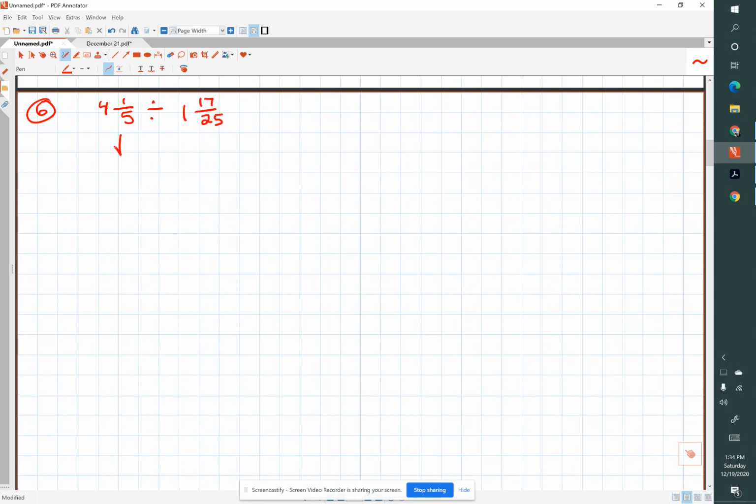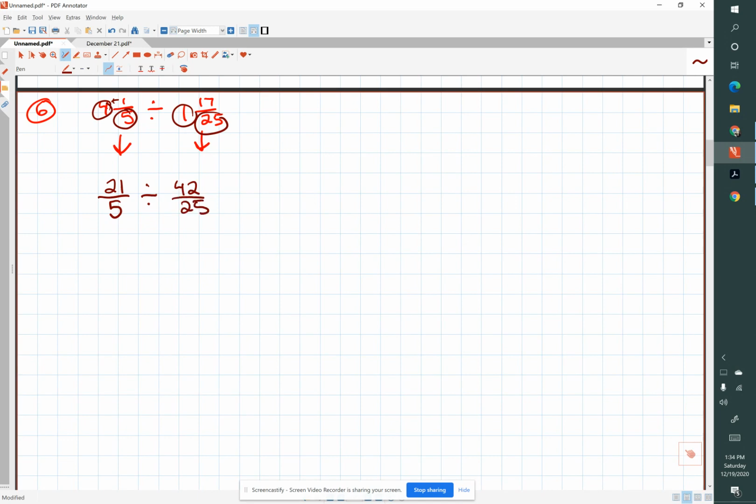So we're going to need to make these into improper fractions. So 5 times 4 is 20, plus 1 is 21/5, divided by 25 times 1 is 25, plus 17 is 42 25ths.